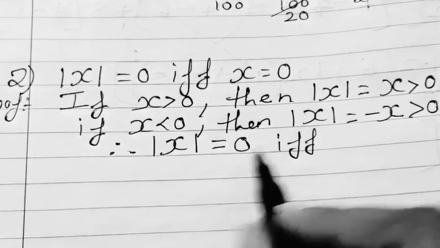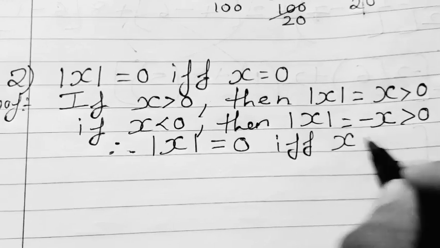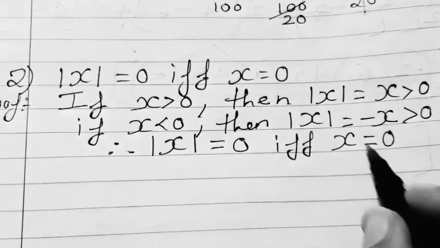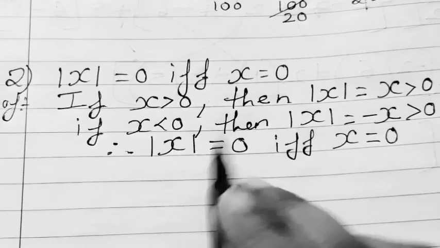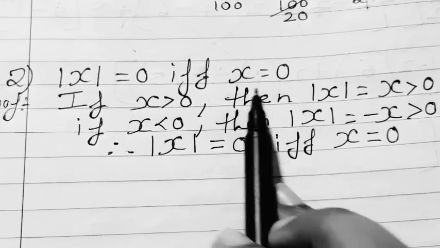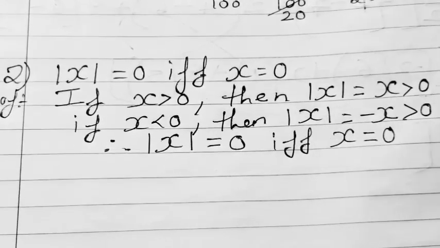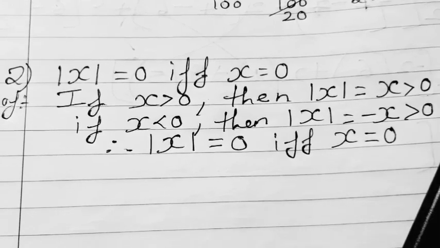Modulus of x is equal to 0 if and only if x is equal to 0. So the value of x should be 0 for this. So I proved the second one also. I hope you have understood this, and thanks for watching.